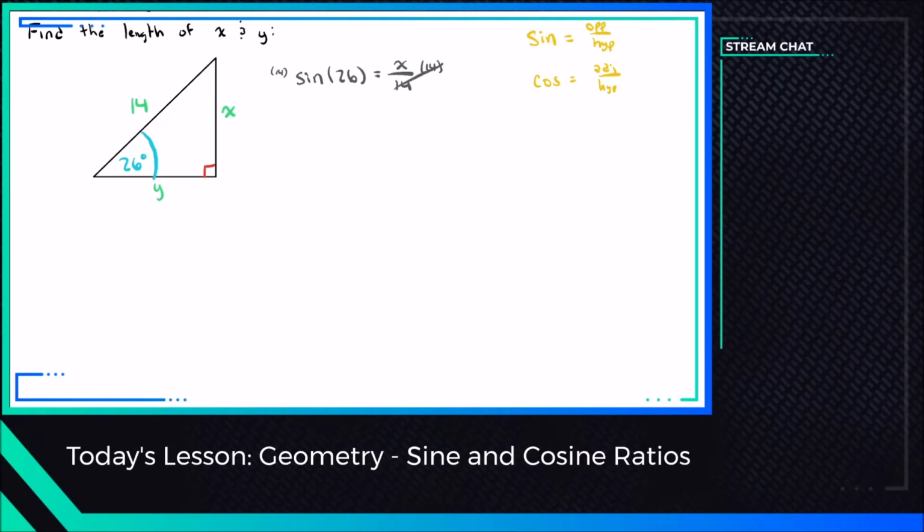Those 14s will cancel, and you're going to get 14 multiplied by the sine of 26 is equal to x. And just like last time, you can find sine on your calculator. Even if you go to Google and type in calculator, sine is there. If you take 14 multiplied by the sine of 26, x is approximately equal to 6.1.